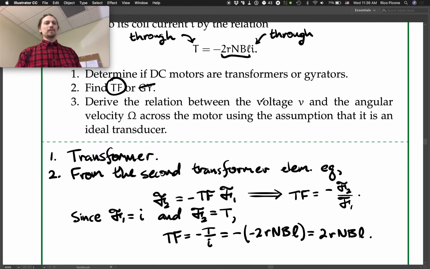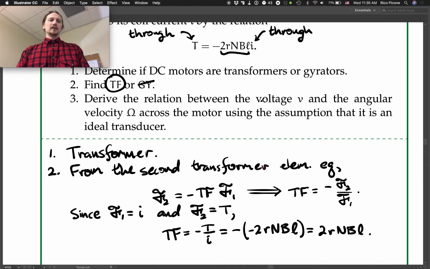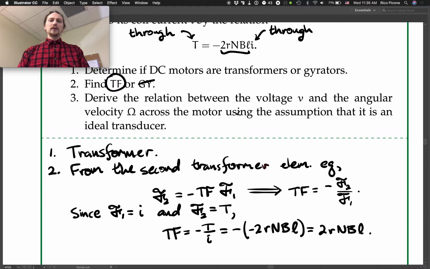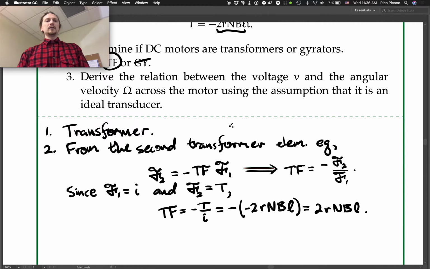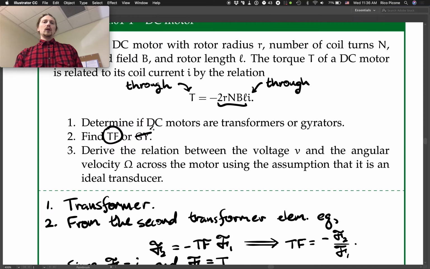All right. So 3, derive the relation between the voltage V and the angular velocity omega across the motor, using the assumption that it is an ideal transducer. We've got a relationship between torque and current, and we want to know the relationship between the angular velocity and the voltage.